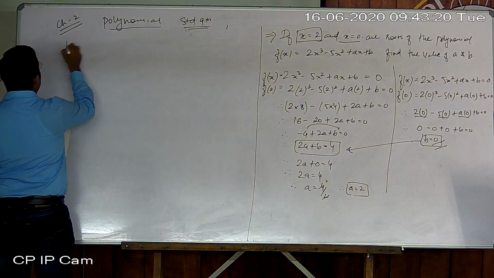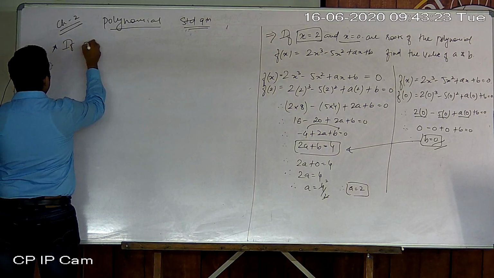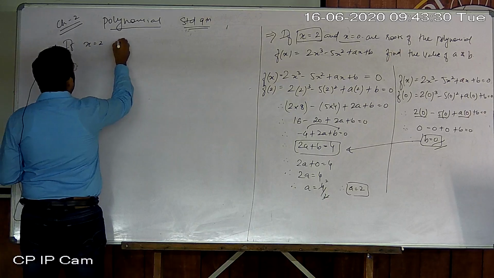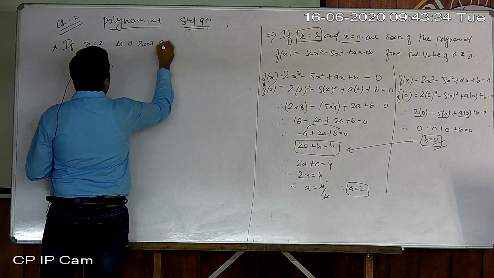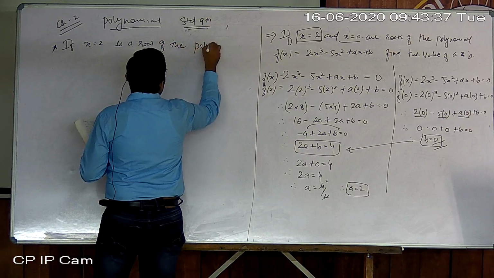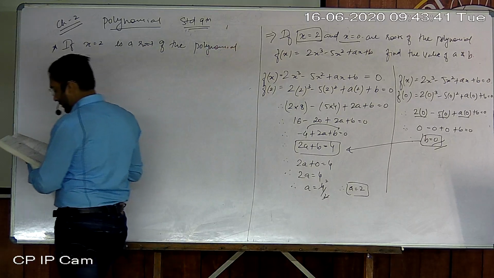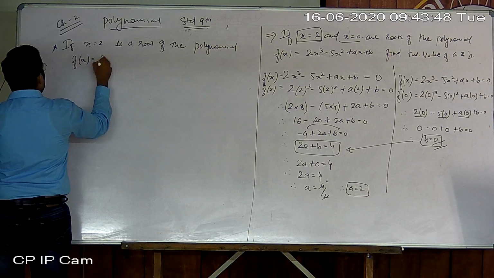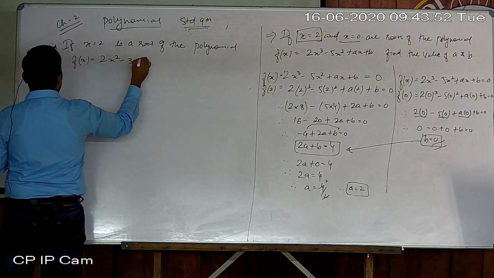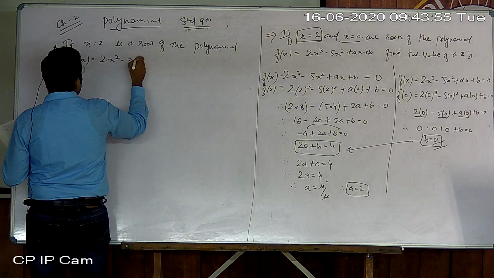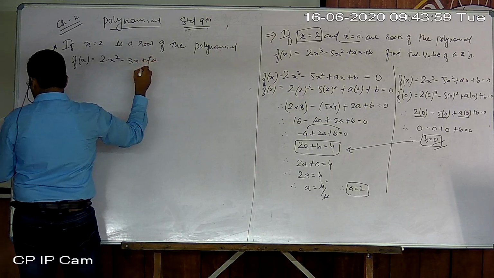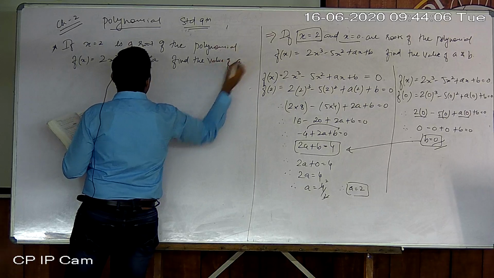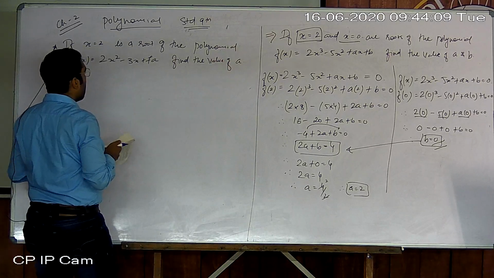If x equal to 2 is a root of the polynomial f of x equal to 2x square minus 3x plus 7a, find the value of a.